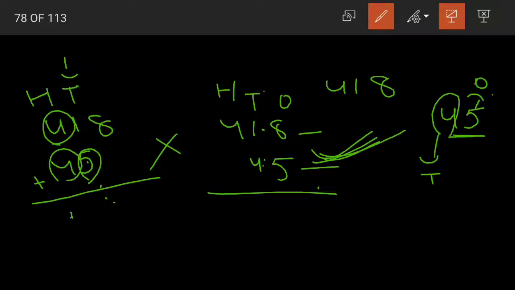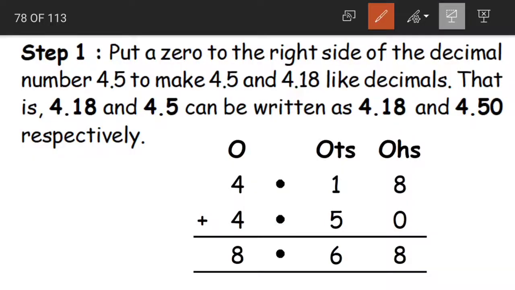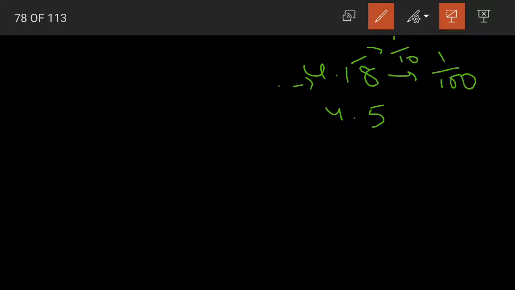We have to write the given numbers according to their place values. Even in the decimal numbers 4.18 and 4.5, we have to write them according to their decimal place values, children. Here 8 is in hundredths place, 1 is in tenths place and 4 is in ones place.